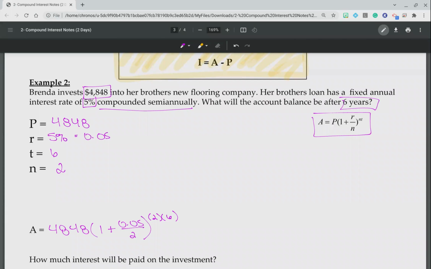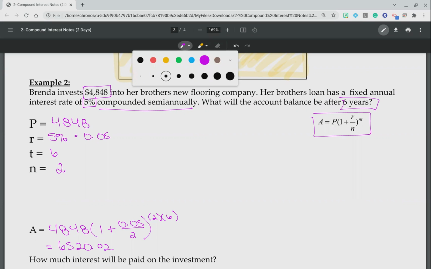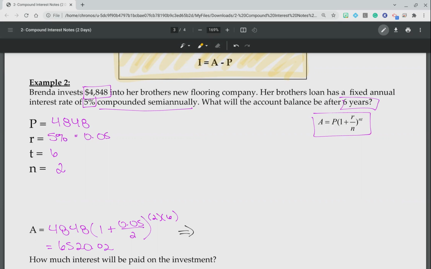And then you can just do 2 times 6 and make sure both of those stay up in the exponent. All right, and when I did that, I got A to equal $6,520.02.